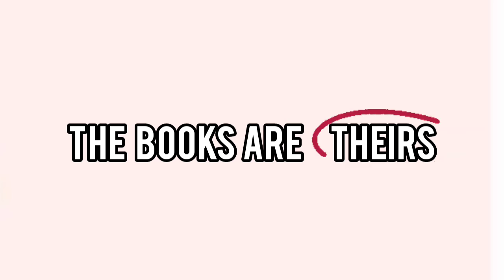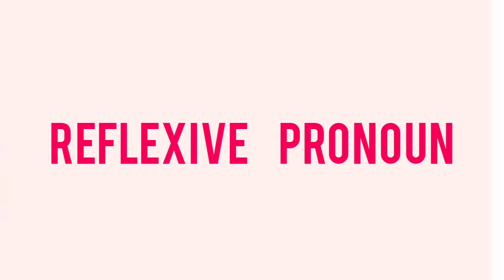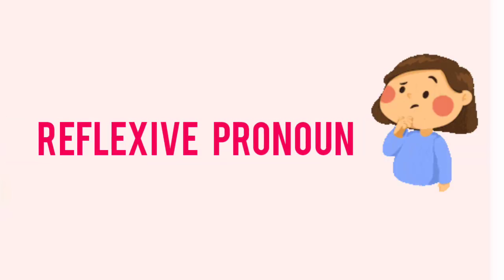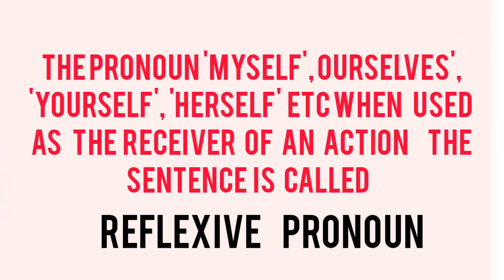The next type of pronoun is reflexive pronouns. What is a reflexive pronoun? Pronouns such as himself, myself, themselves, etc., where the action is being performed on oneself, are called reflexive pronouns.